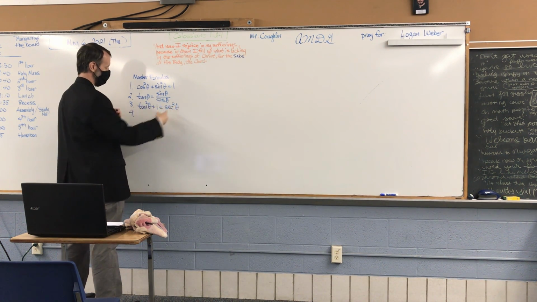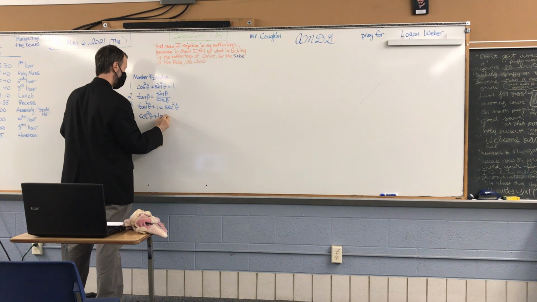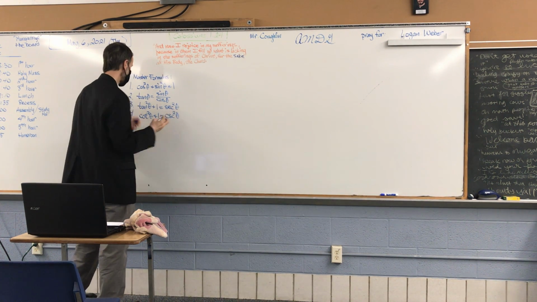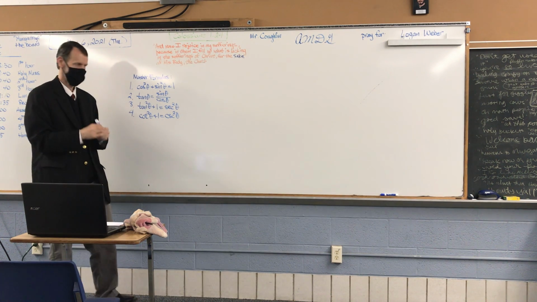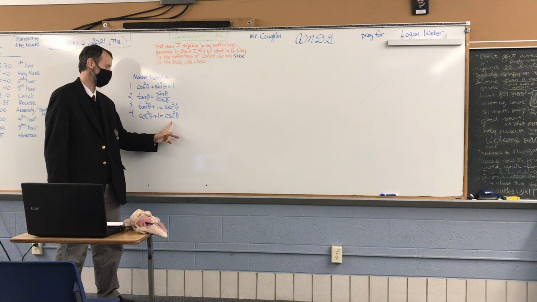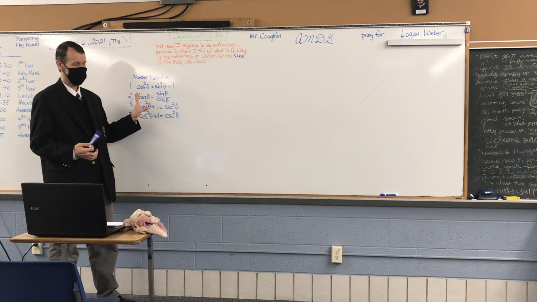Cosecant squared, correct. If you notice, number 3 and number 4 are kind of parallel to each other. Tangent goes with cotangent, and secant goes with cosecant. Make sense? So those are the 4 master formulas.